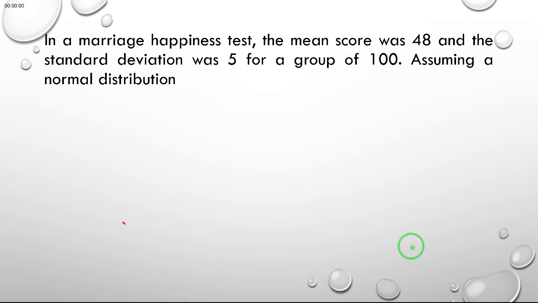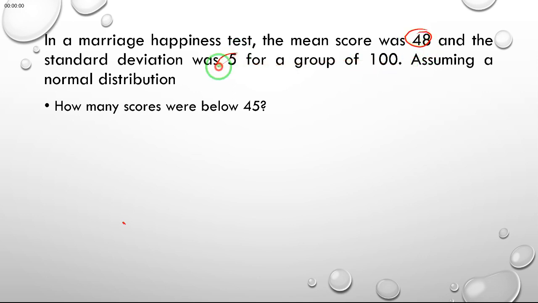The next question asks, with the same statistics of mean 48, standard deviation of 5 and a group of 100, how many scores were below 45. So the question is simply asking for the probability that x is less than 45.